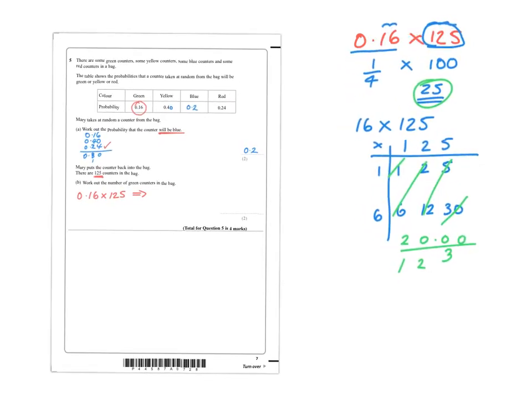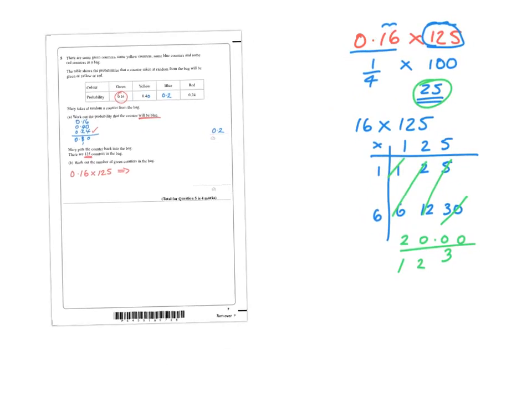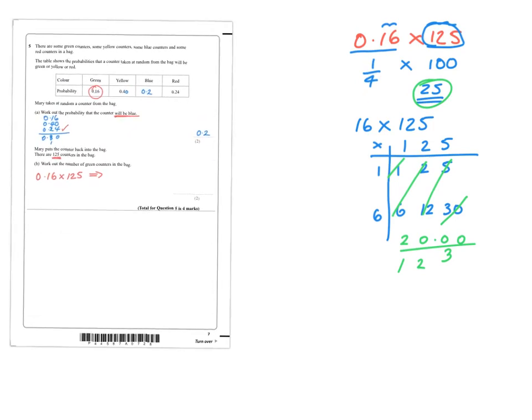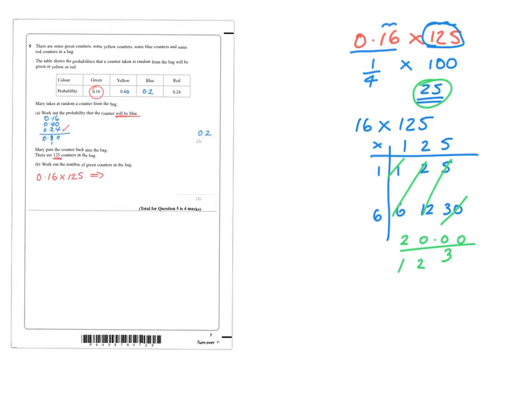The other way is, now this always happens when I do this, let's try and move this here. Let's do 0.16 times 125, and this time let's make it into a fraction. So we've got 16 hundredths of 125.